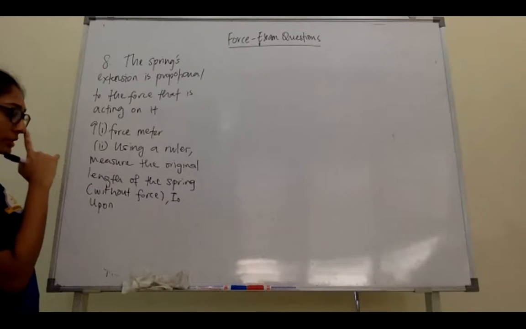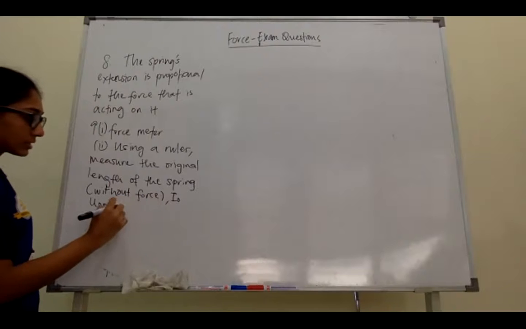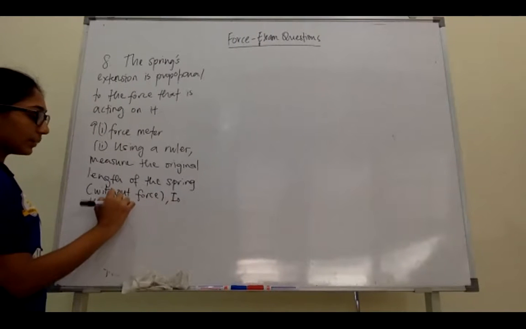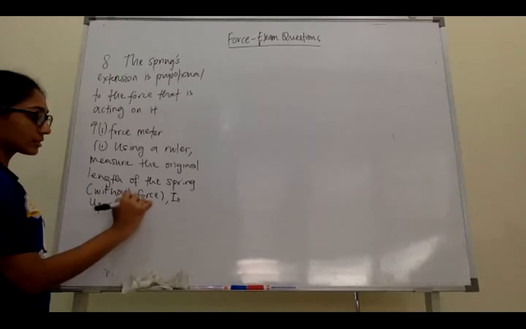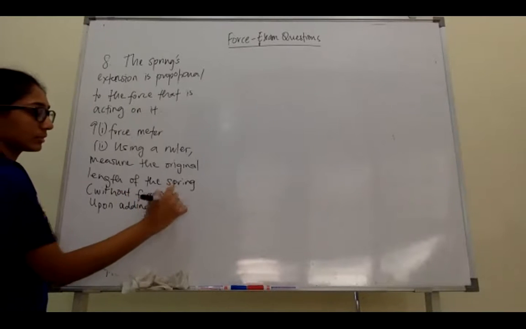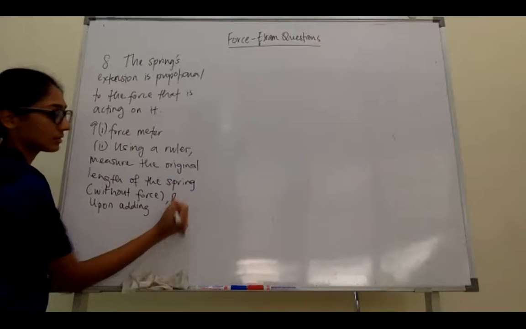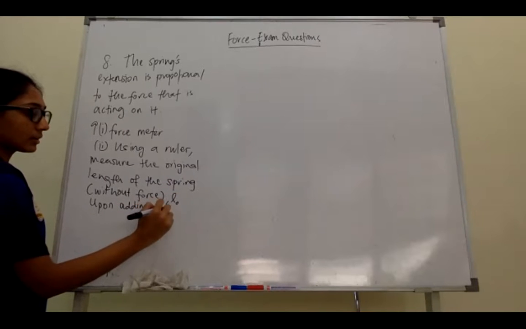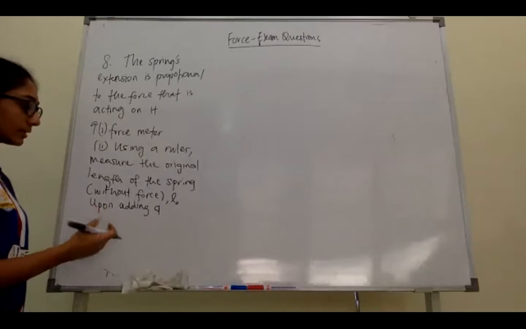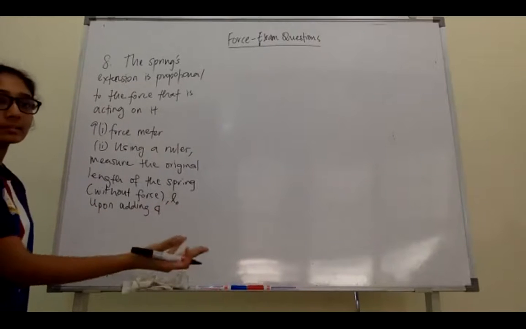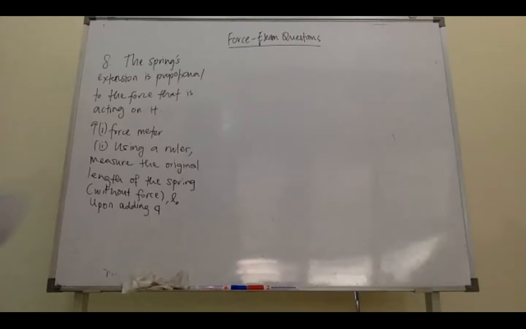So first you measure the original length of the spring without the force. Let's say that is LO, length of original. Then upon adding the force, measure the length, L1. So do we have to write the LO? This is just so that it's easier, so that later to find the extension, I take L1 minus LO.